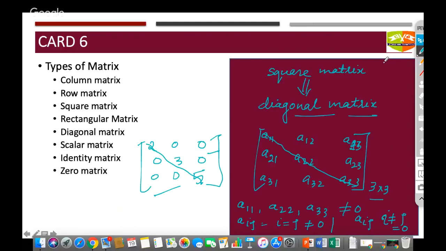Now let me move to scalar matrix. Now what do I mean by scalar matrix? A scalar matrix is a type of diagonal matrix.